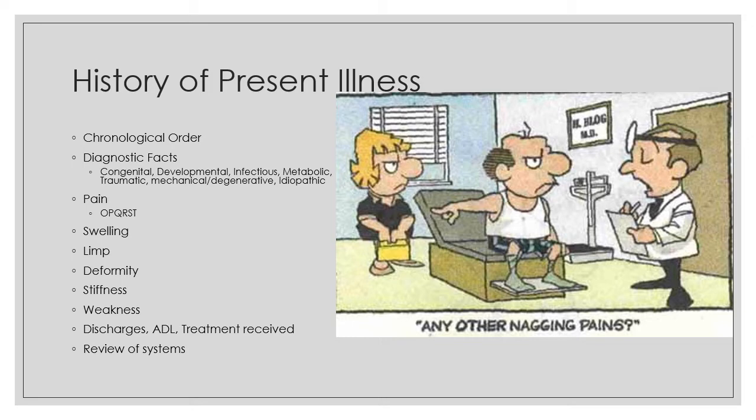The other things we need to ask for are the ADLs, or your activities of daily living, how the signs and symptoms of the patient have affected his daily activities, like getting up, sitting down, using the bathroom, combing hair, and also in particular, what we ask for is the treatment received.